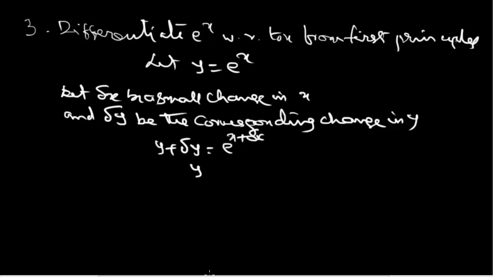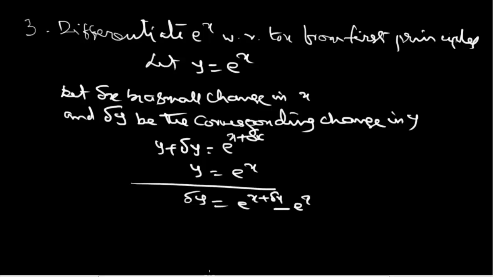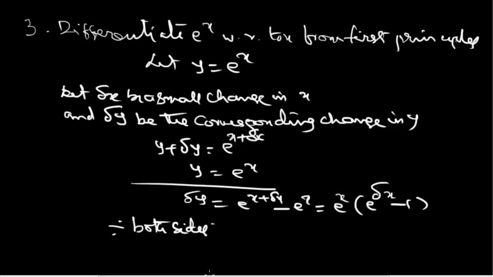Below that you write y is equal to e power x. Subtract: delta y is equal to e power x plus delta x minus e power x. Here e power x can be taken outside as a factor: e power x into e power delta x minus 1. Divide both sides by delta x and take limits as delta x tending to 0.